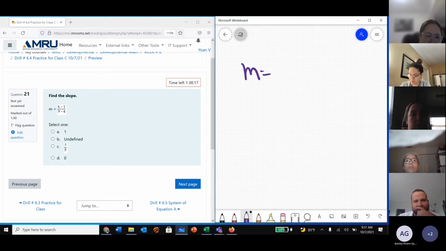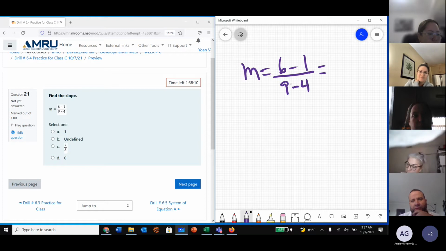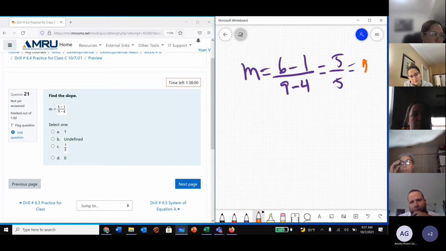The slope is 6 minus 1. Please do the calculations. 6 minus 1, which is 5. 9 minus 4, which is 5. And then 5 over 5, which is 1.